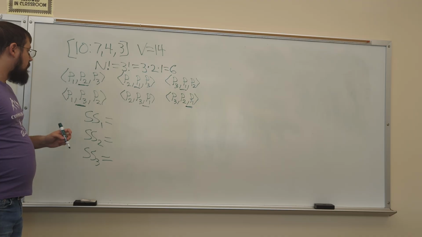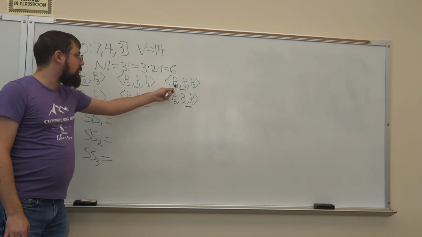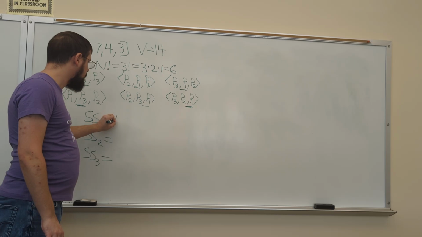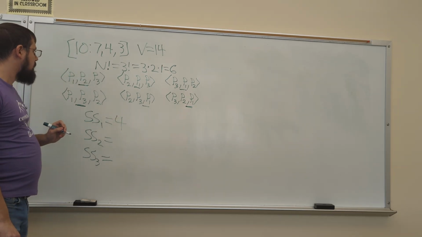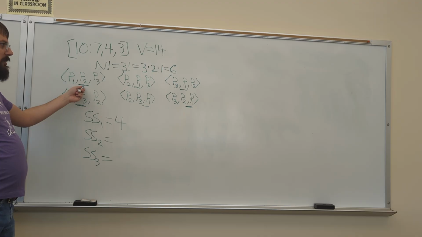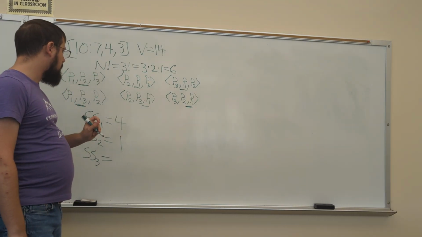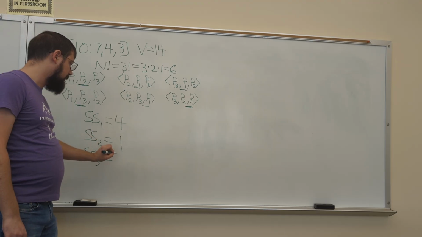We'll start with P1. P1 is a pivotal player 1, 2, 3, 4 times. Next we have P2. P2 is only a pivotal player 1 time, so that would be a pivotal count of 1. Same thing with P3, the pivotal count is 1.